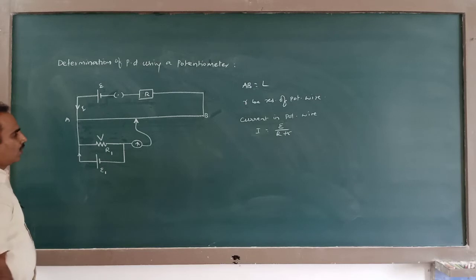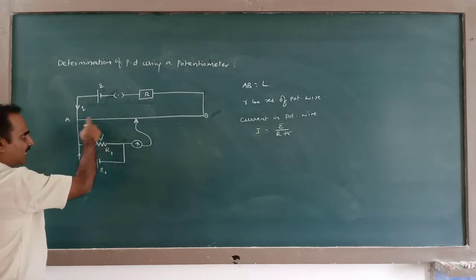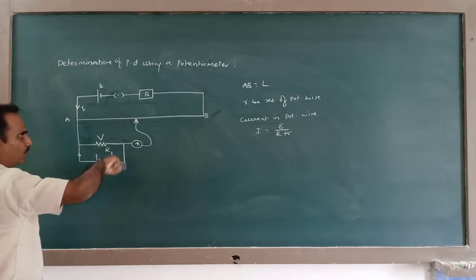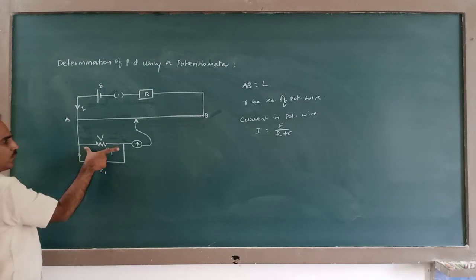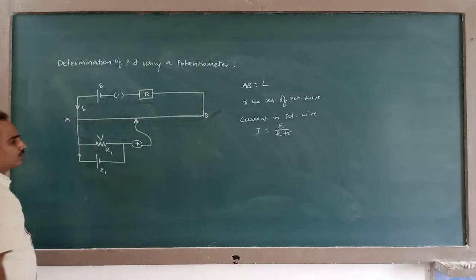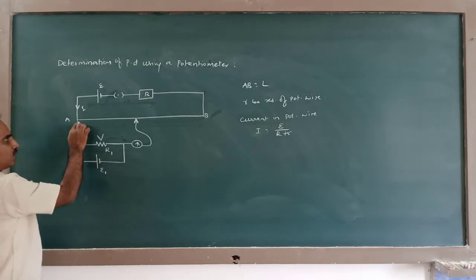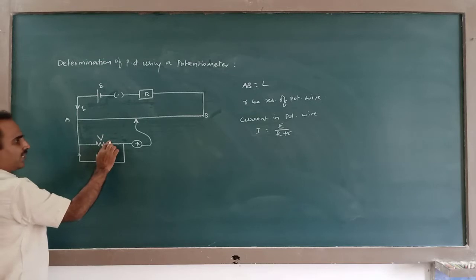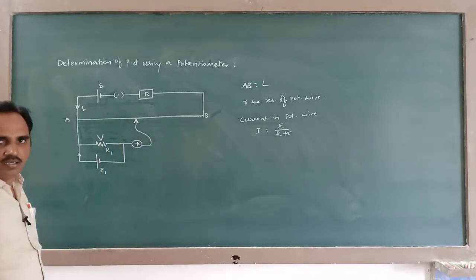It is connected in the secondary circuit. This is called the secondary circuit. This is called the primary circuit. The secondary circuit must be in parallel with these 2 points. The higher potential end is connected to A, the lower potential end is connected to a galvanometer, and the other end of the galvanometer is connected to a sliding contact.